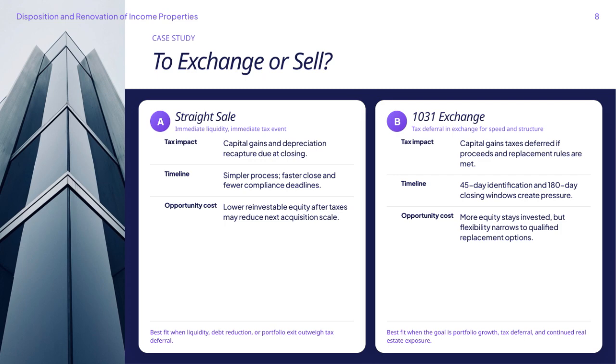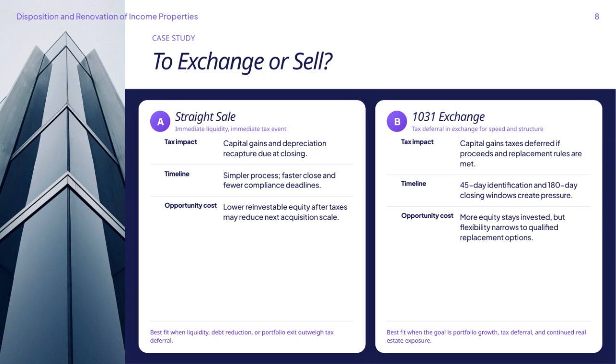On the other hand, a 1031 exchange offers tax deferral by allowing you to reinvest proceeds into a like-kind property without paying capital gains taxes immediately, as long as you meet specific identification and closing timelines. The timeline is more complex, requiring you to identify replacement properties within 45 days and close within 180 days, which can create pressure.